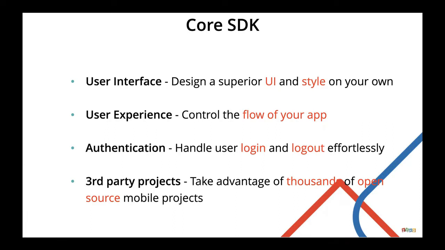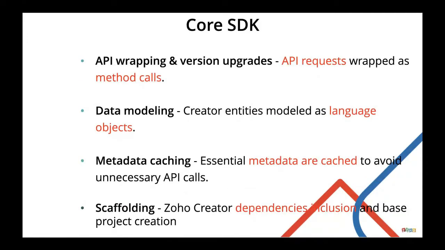You can see the third party projects that can be handled, login logout feature, the entire workflow features, then your UI and the UX, how it can be achieved. The look and feel really matters when it comes to the mobile based apps, right? So this is where this core SDK is going to be of great help. Then the API requests that you can do, because that is supported by the respective languages.